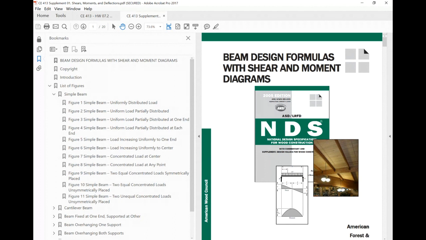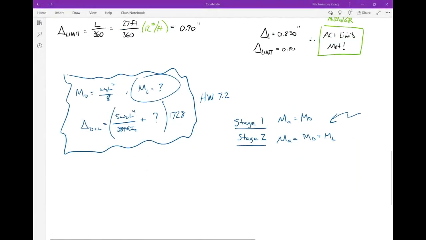The one for the point load, it is there. I promise you, it's in simple beam. It's not in cantilever or beam fixed. It's in simple beam over here. Do a little bit of looking, give it some time, and if you still can't find it, let me know. I promise you it's there.